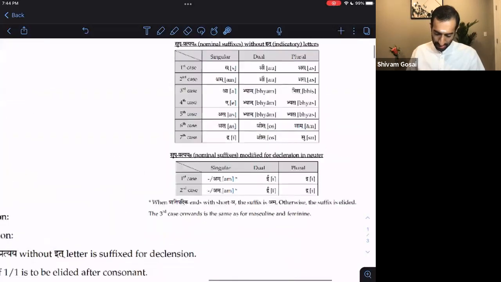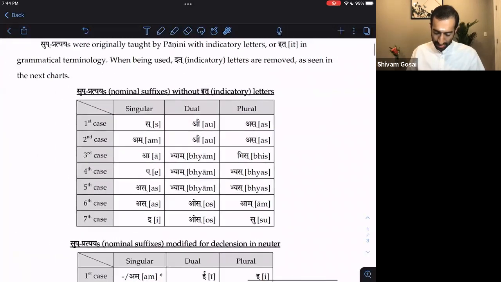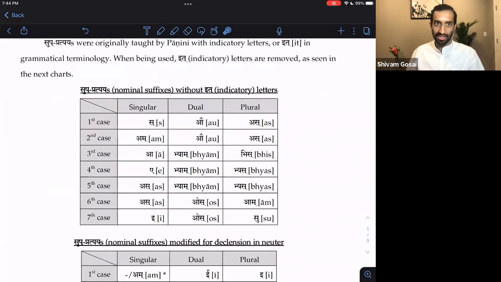So then same thing here. Sat, we add the nakara, becomes sant, right? Sant plus aha, santaha. Sant, right? We're adding a nakara, so sant plus am, santam. Sant plus o, santo. Now we don't add a nakara anymore. So sataha. Sata.